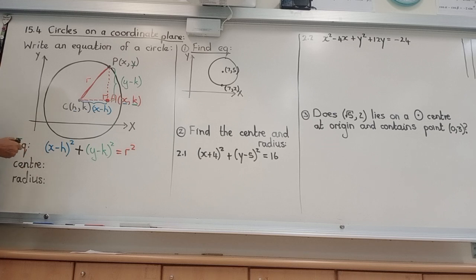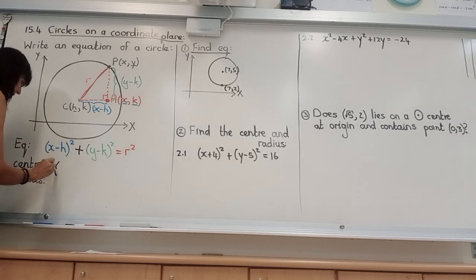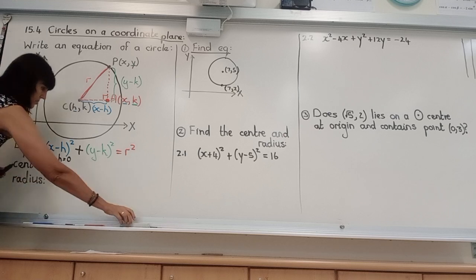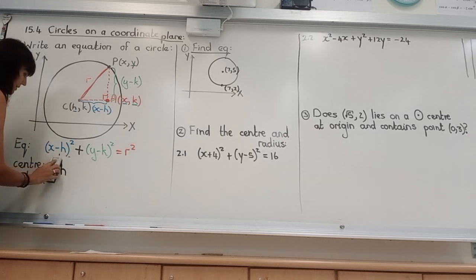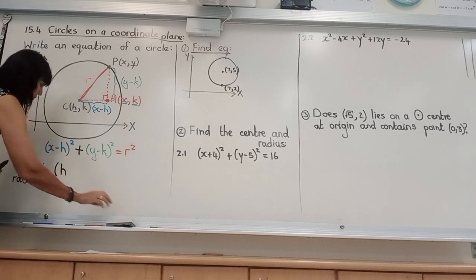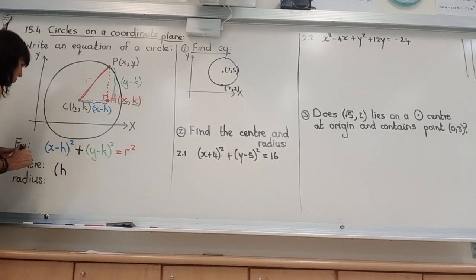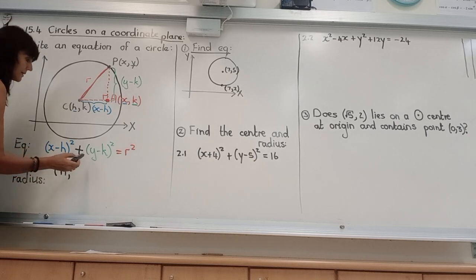So my center will eventually be, I take this x minus h, whatever I have here in the bracket, and I make it 0, take the h over to the 0 side, x equals h. So you change the sign from where you move from this equation for the circle to what is the coordinates of my center.